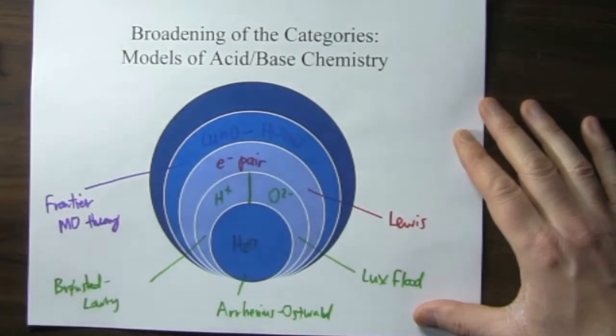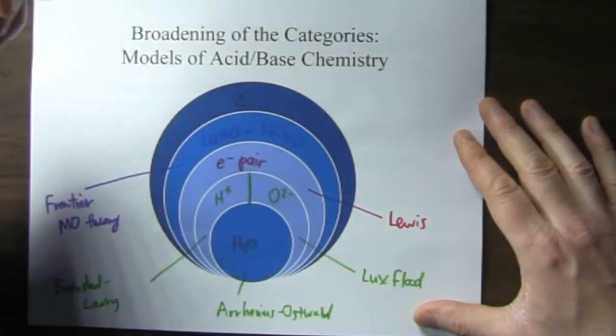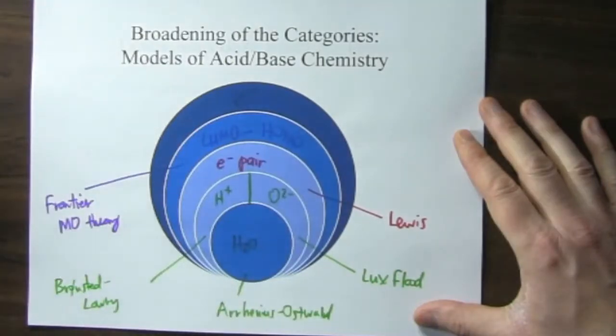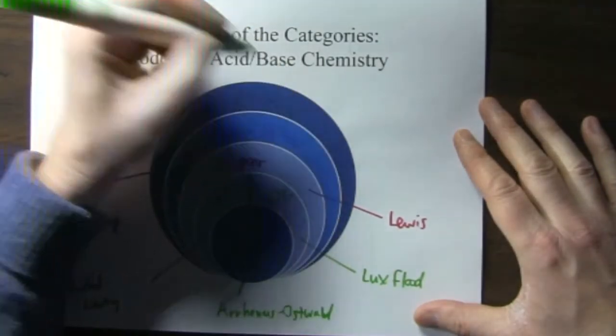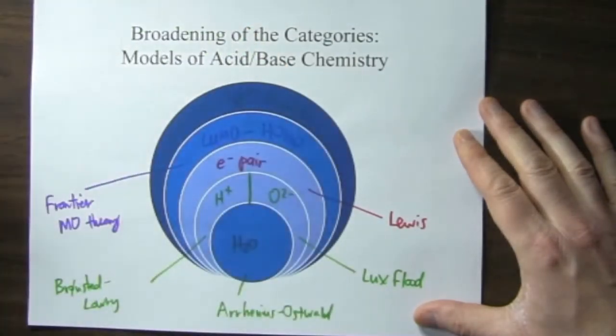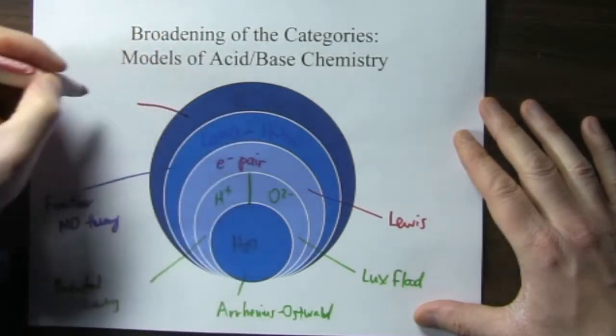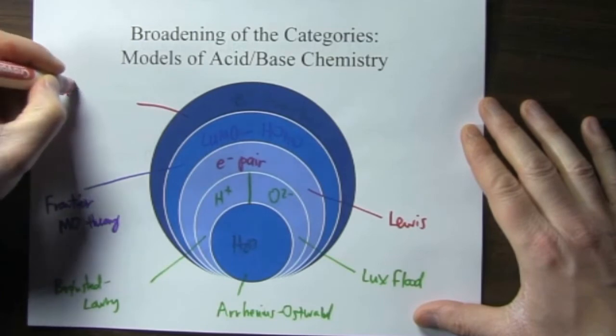And then there's even some people who have defined acids and bases in terms of just electron transfer, like single electron transfer, not pairs of electrons. So the single electron transfer definition comes from Yasinovich.